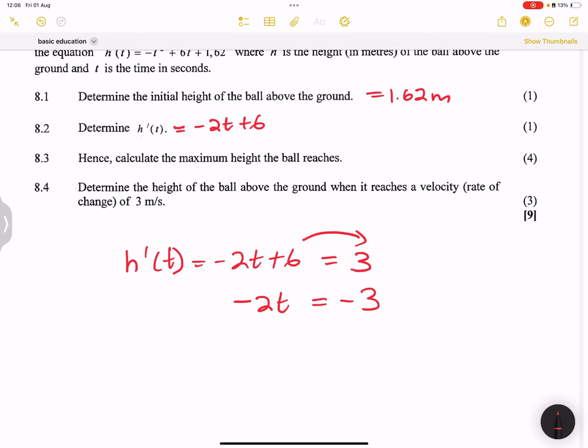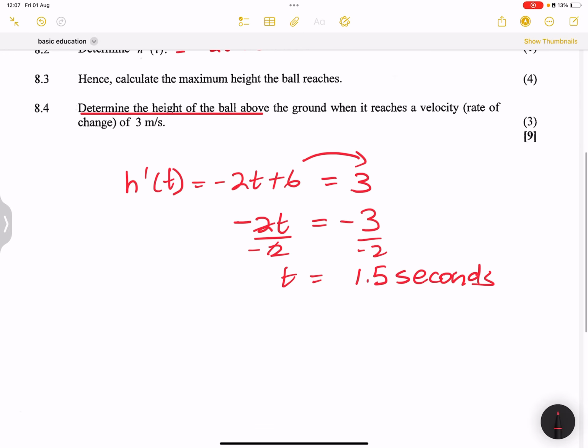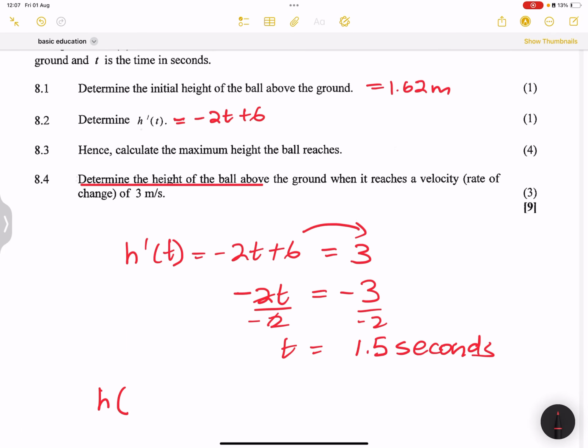And to divide both sides by negative 2 gives us a time of 1.5. And remember that the time was measured in seconds, right? So that's 1.5 seconds. But they said to us, determine the height of the ball above the ground. Okay, so we are going to simply say, again, back into the original equation, that's h of 1.5.